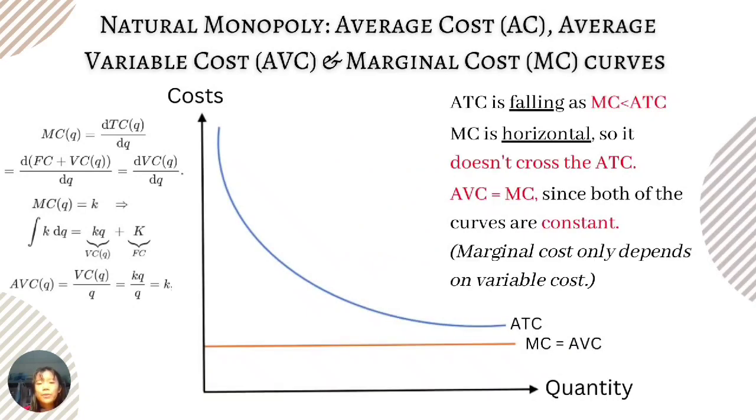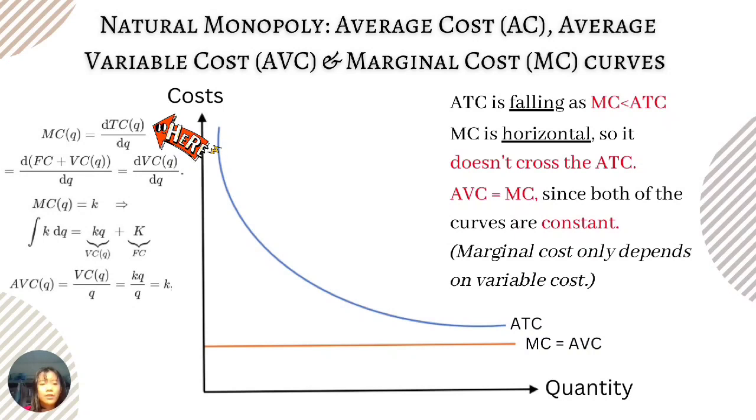As natural monopolies have economies of scale, meaning that the long-run ATC curve is downward sloping, the MC curve should be horizontal so it doesn't cross the ATC. Meanwhile, the AVC, the average variable cost, will be equal to marginal cost since both of the curves are constant. And as we know, marginal cost only depends on the variable cost.